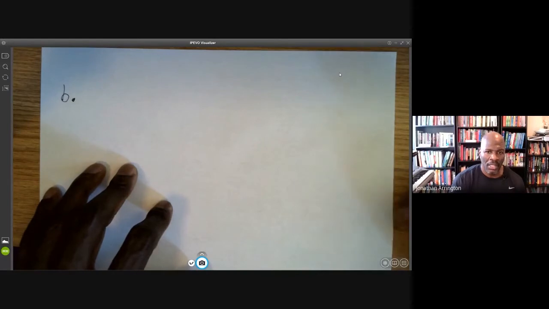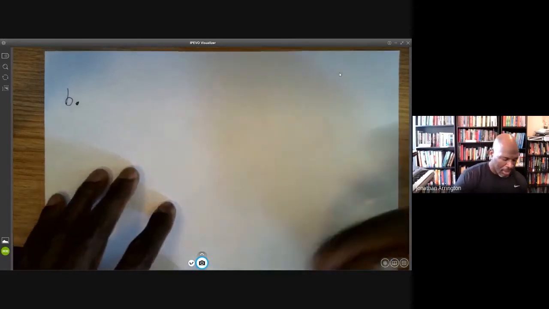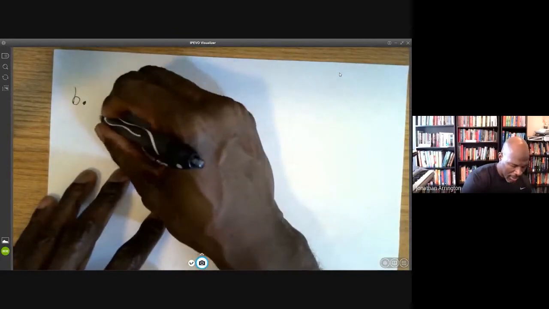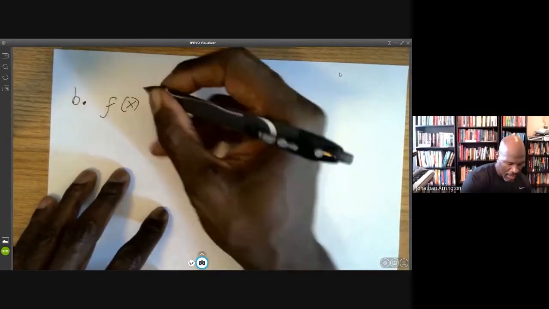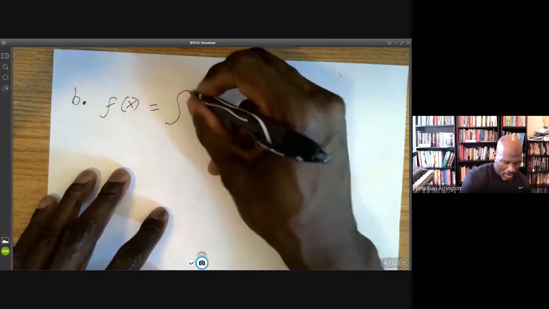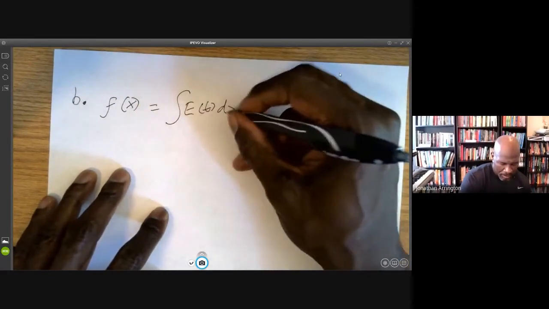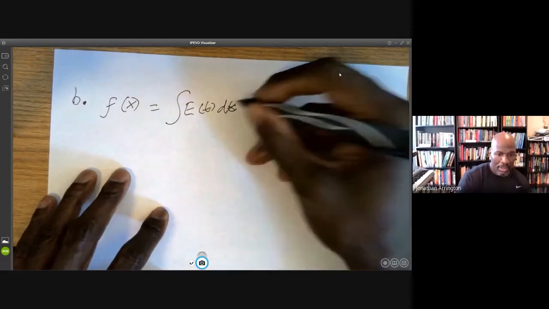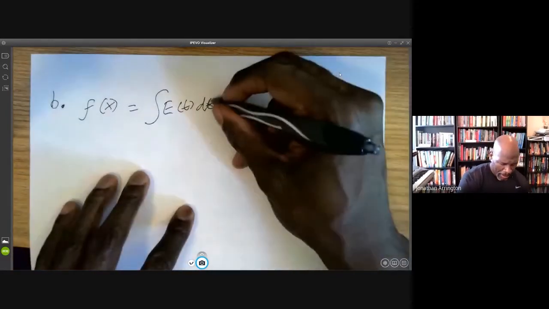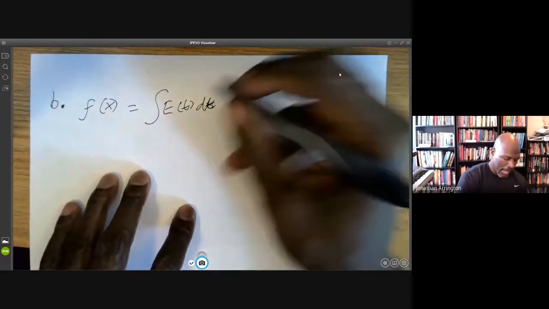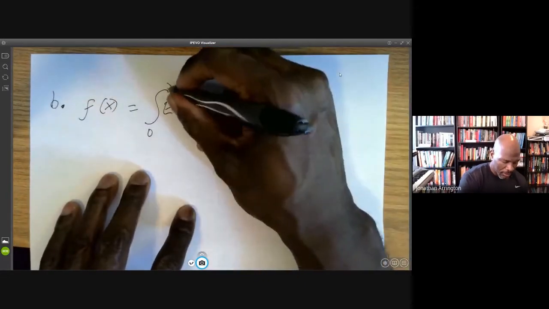So when I ask for an expression, what I like to do is say I call this expression f. So f of x, and I'll take the integral of the rate in, e of t dt, and I'll just do this from 0 to x.